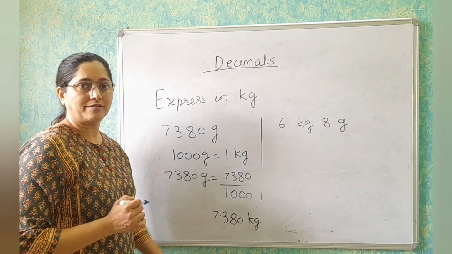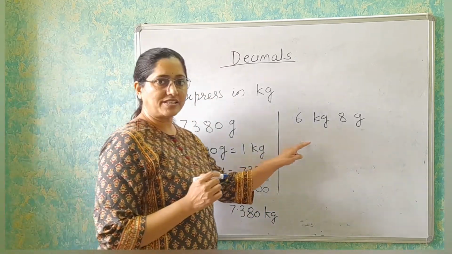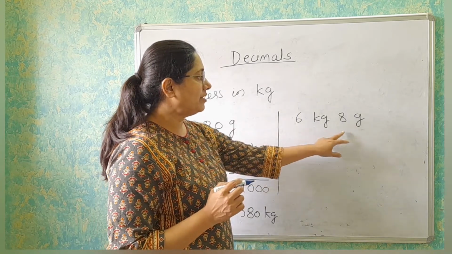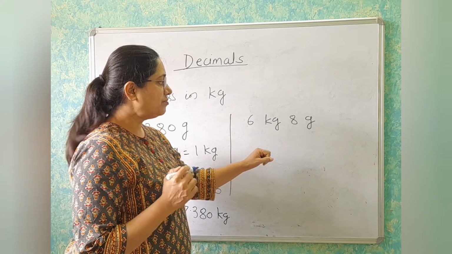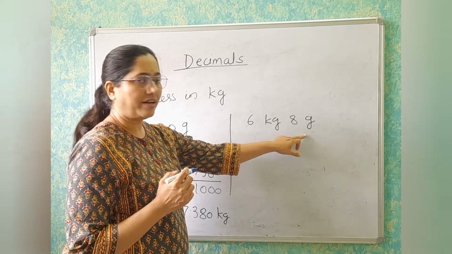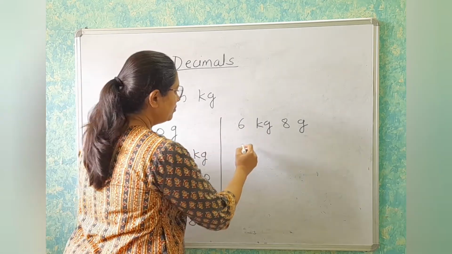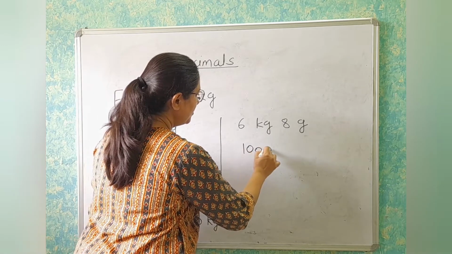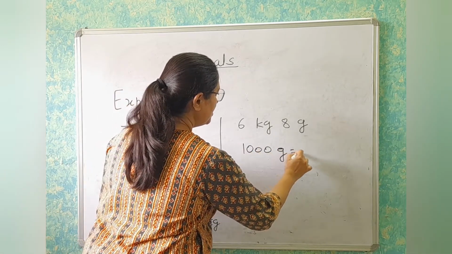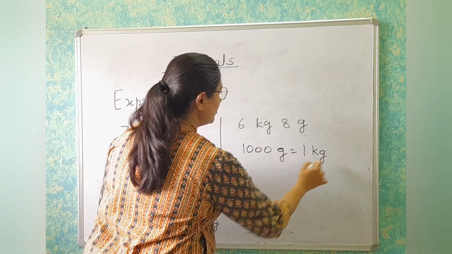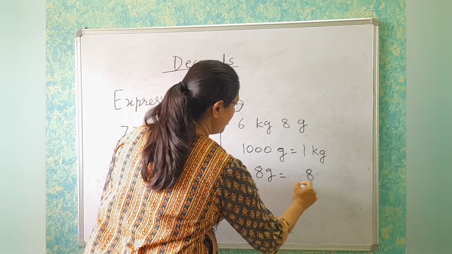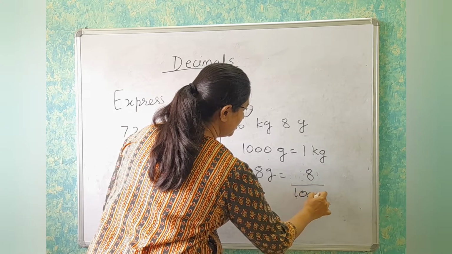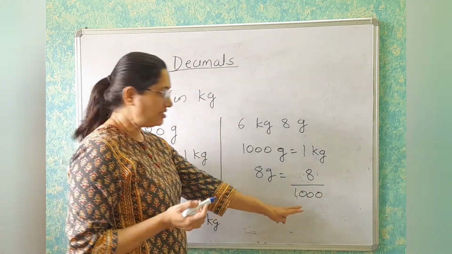This is the answer. In our next example, 6 kilogram 8 gram. 6 is already kilogram. We simply have to express 8 gram into kilogram. And you know that 1000 gram is equal to 1 kilogram. So 8 gram will be equal to 8 upon 1000. Again there are 3 zeros.